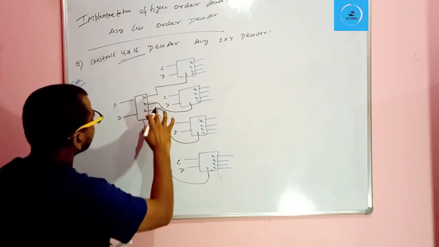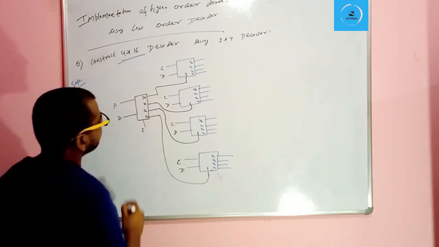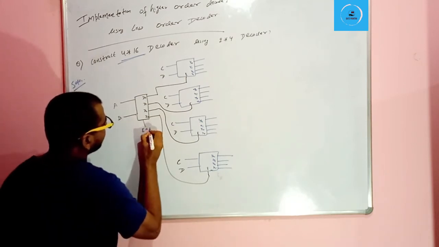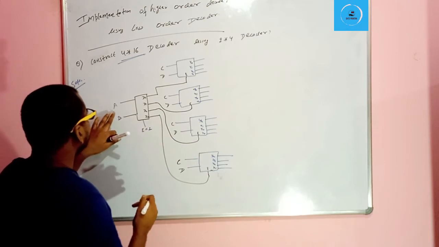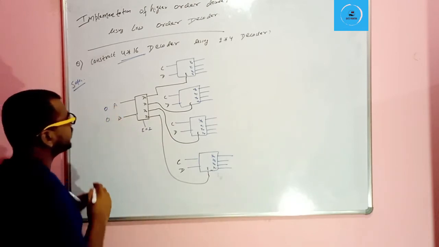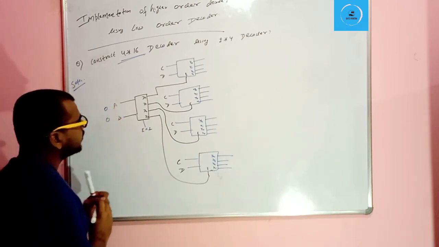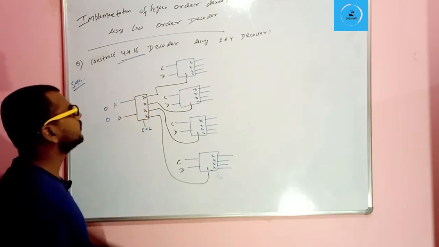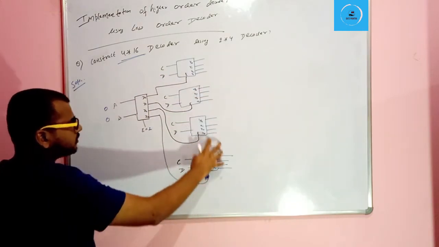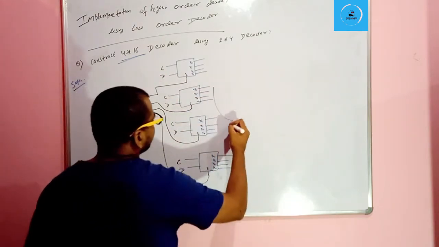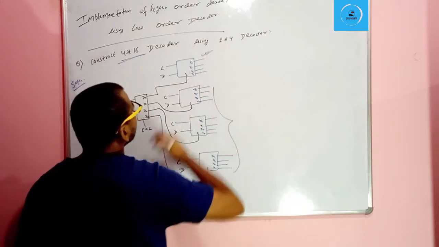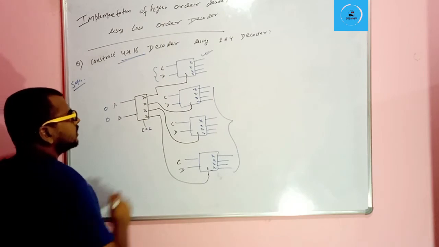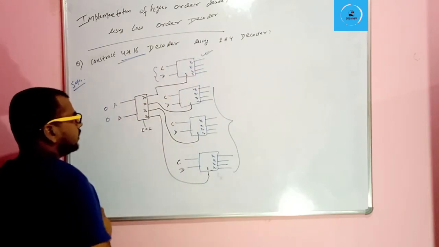We make the enable equal to 1. If A and B are 0, 0, then D0 will be activated, and all the other decoders will be deactivated, and only this decoder will be activated. And by changing C and D, y0, y1, y2, and y3 will be selected.